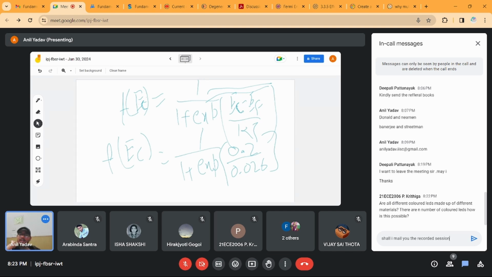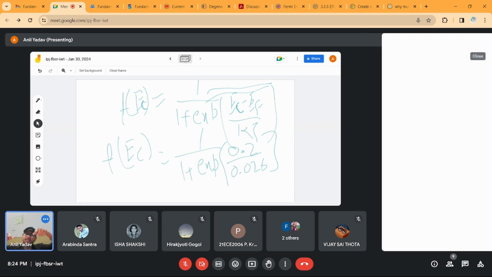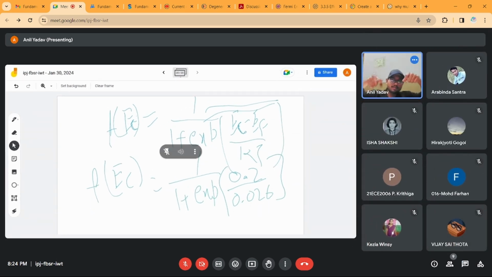Kritika, do you know band gap tuning? With the ratio of gallium and arsenide, we can tune the band gap. In gallium nitride also, with the ratio we can tune the band gap. So with band gap engineering we can make different colors of LEDs.